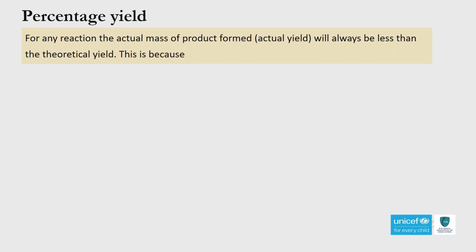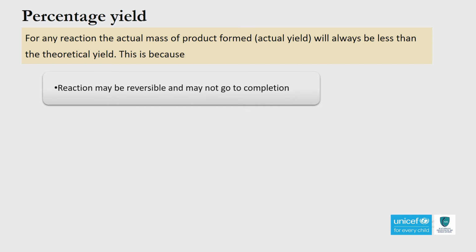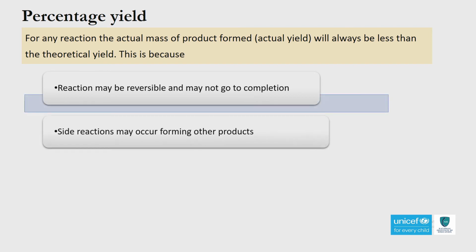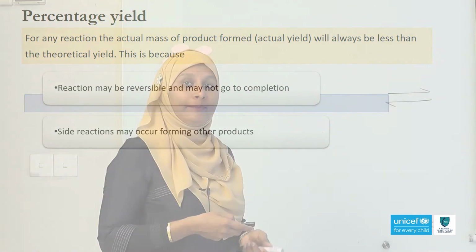The experimental yield is low for a few reasons. Number one, the reaction may be reversible and may not have gone to completion, or there can be side reactions taking place, so other products are formed in the reaction. Or the substance may need to be purified, and during the purification process you might lose some of the product.